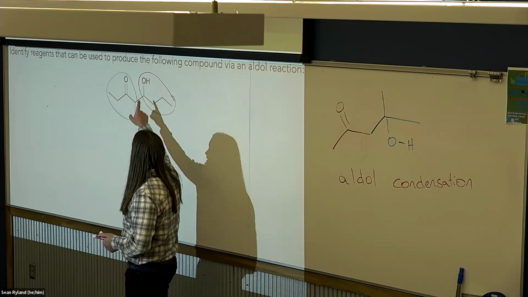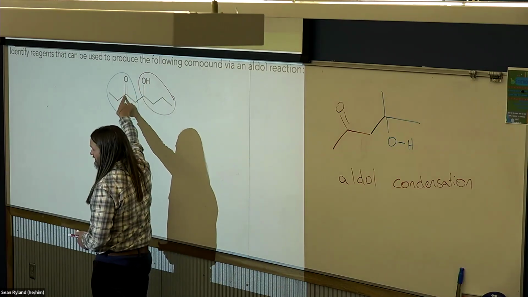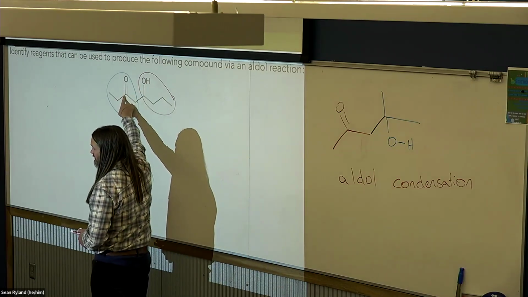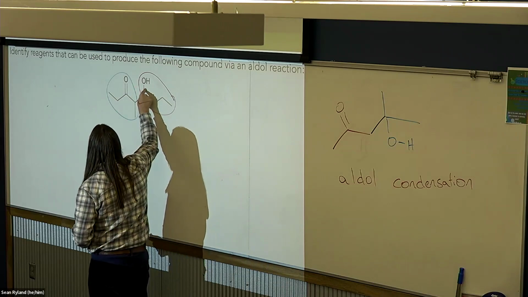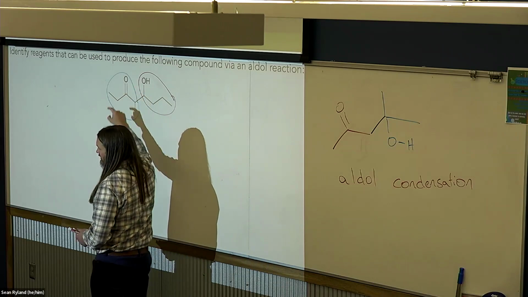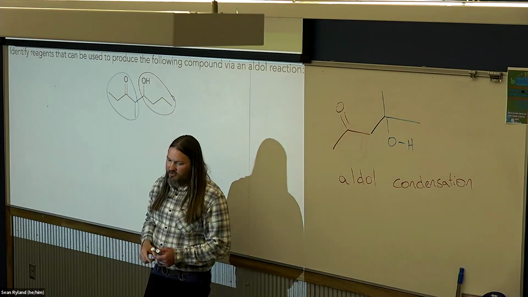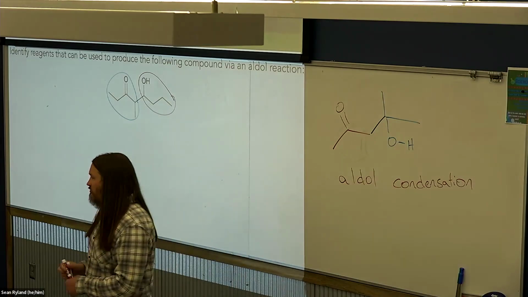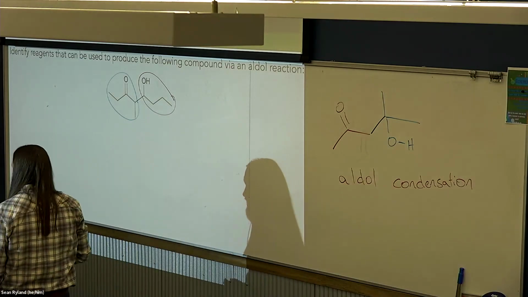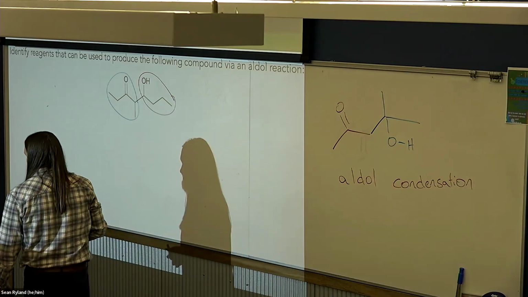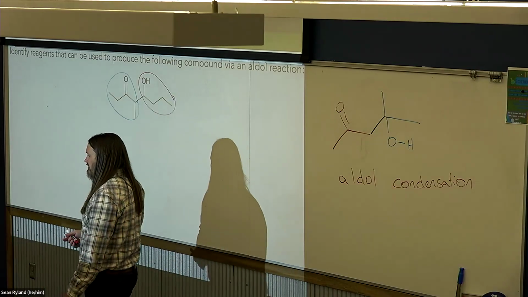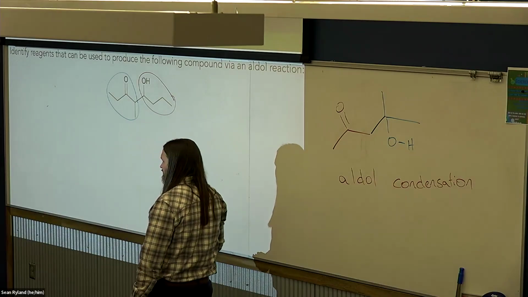So the fact that these aren't symmetric tells us the order matters, right? Because we had an OH on one side and a carbonyl on the other. So which one is going to remain a carbonyl? The enolate that acts as the nucleophile, or the carbonyl that is the target of the nucleophile?